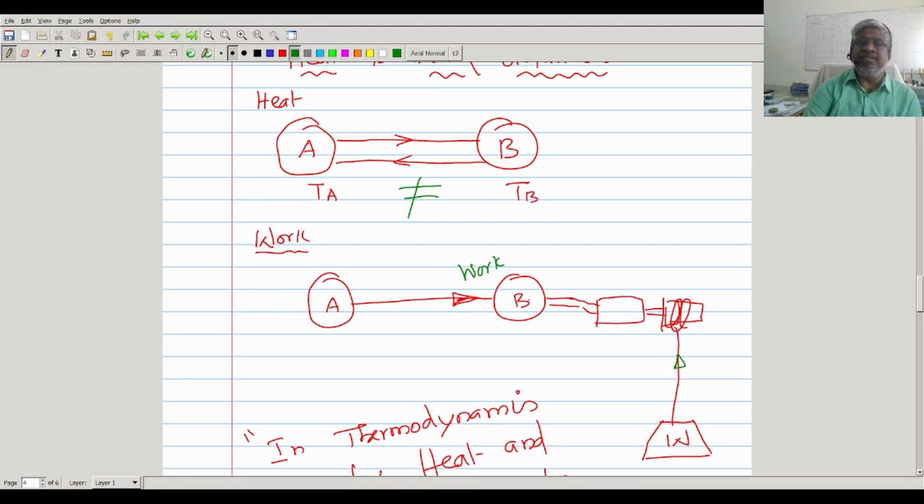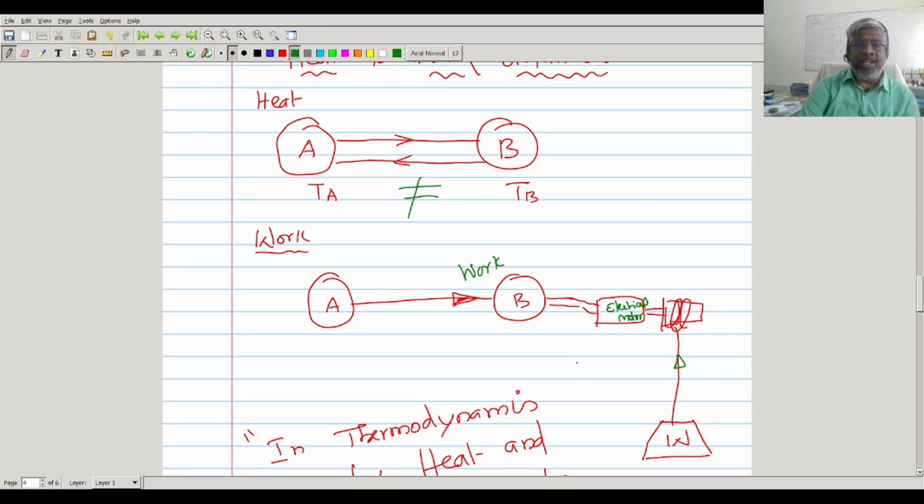Or if it is an electrical form of energy coming out from the system, in that case also we can connect it to an electrical motor which can run the pulley to wind the rope to lift the weight against gravity.